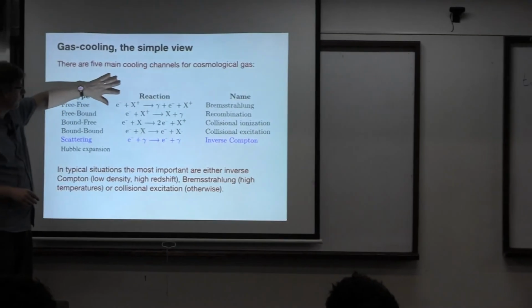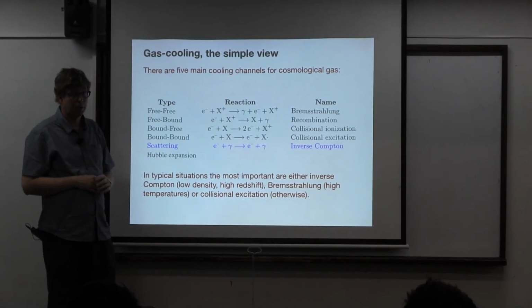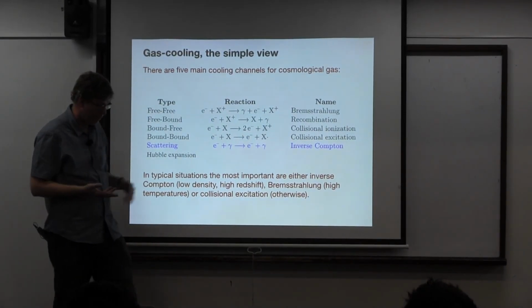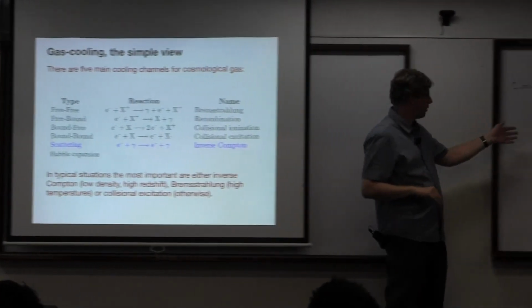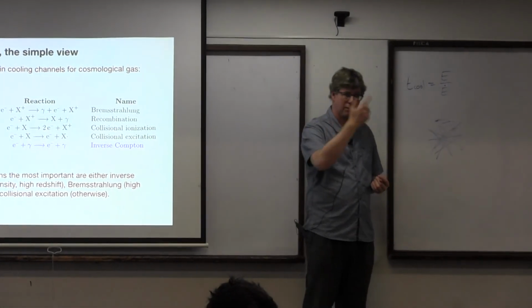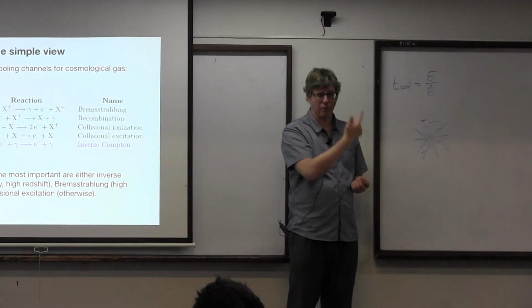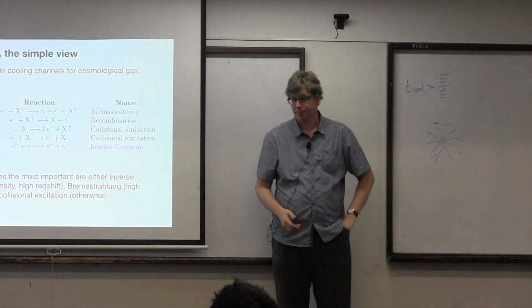But the actual process here is independent of angular momentum. So angular momentum won't matter, but the flip side of that is also that these processes cannot affect angular momentum. So if you have angular momentum, you cool it down, it won't help you at all. So angular momentum is not affected by these processes at all.